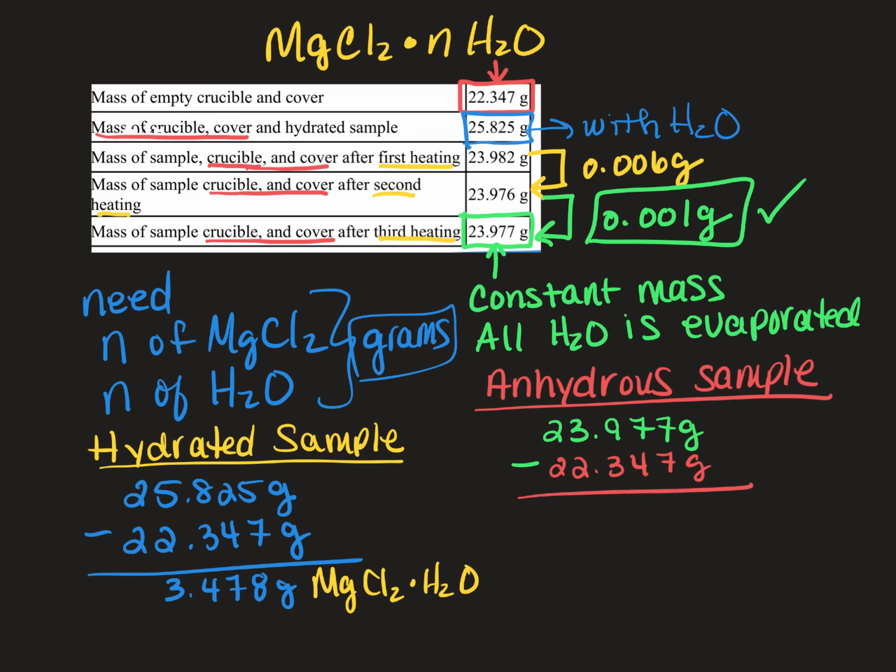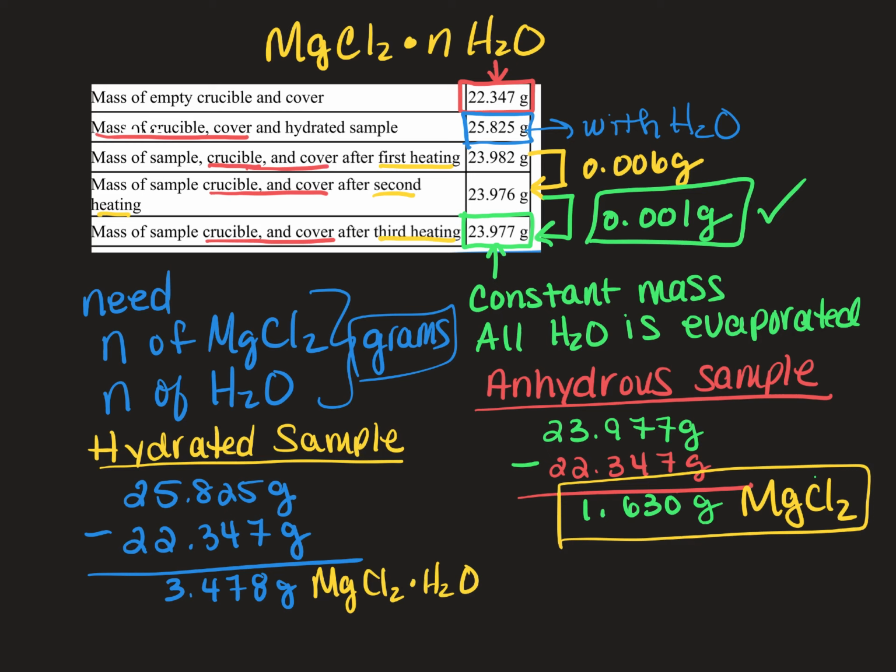So that's going to give us 1.630 grams. Don't forget about sig figs. And the anhydrous sample means that we're talking about just the MgCl2, right? So that gives us the mass of MgCl2. So that gives us that piece.